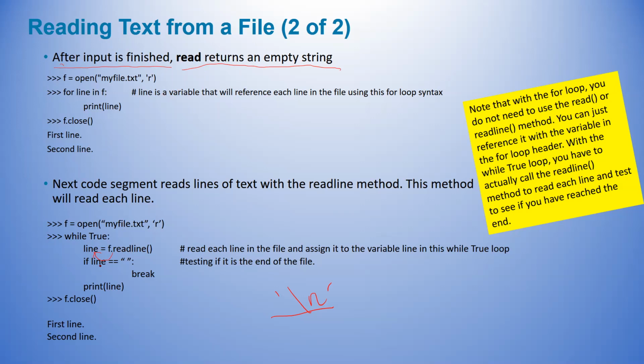So if what you read is an empty string, nothing, then get out of this while True loop. Otherwise, it's not empty, you print it out, and then you close. I put detailed comments here so that you understand it. Any questions, everybody?